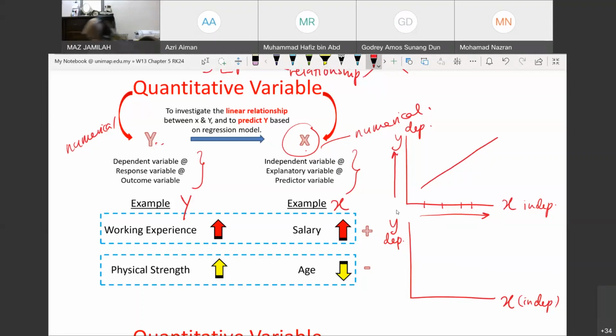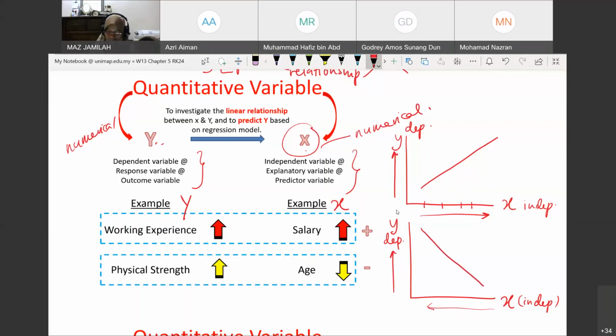Here physical strength is your y; as it increases you are moving upward, while x, the age, is moving downward towards 0.